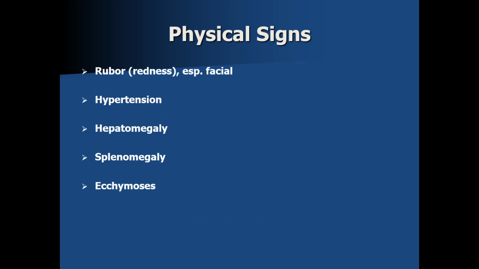The physical signs of polycythemia include rubor or redness, especially in the face, hypertension, hepatomegaly, splenomegaly, and frequently ecchymoses or bruises.